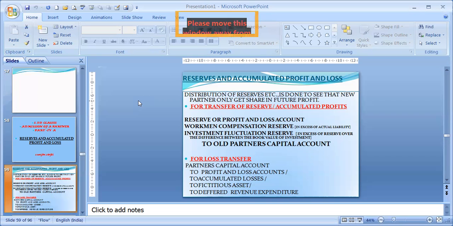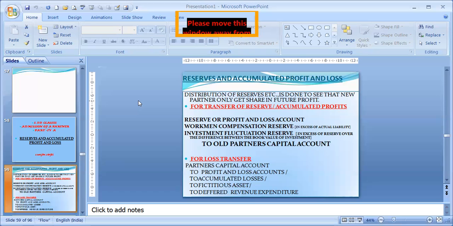For transfer of reserves or accumulated profits, the journal entry is: reserve or profit and loss account debit. If it is workman compensation reserve, then that will be debited in excess of actual liability. Investment fluctuation reserve also will be debited to old partners' capital accounts in the old ratio.